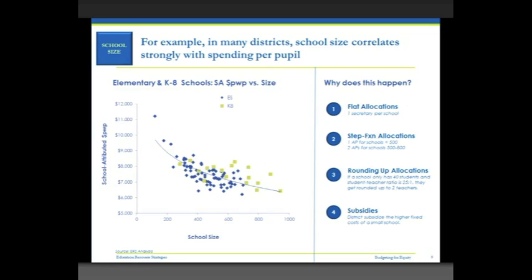This happens more often the smaller the number of classes that you have in a grade. So it happens very often when you have only 1 or 2 classes in a grade. You might be surprised to know that in many of the districts that you are working in, this is actually a key driver of extra spending.